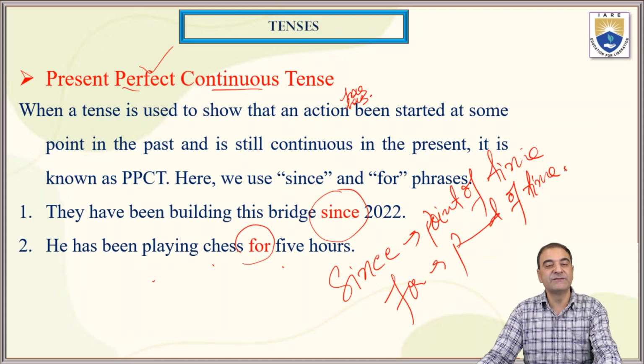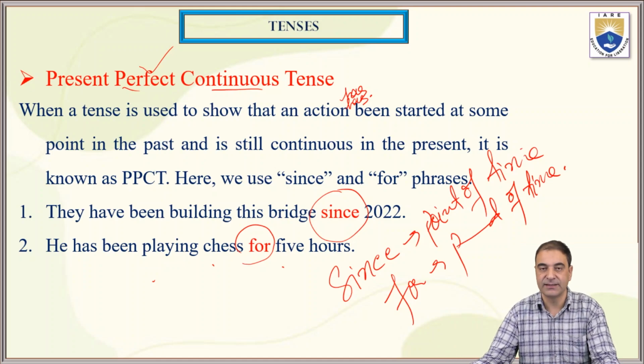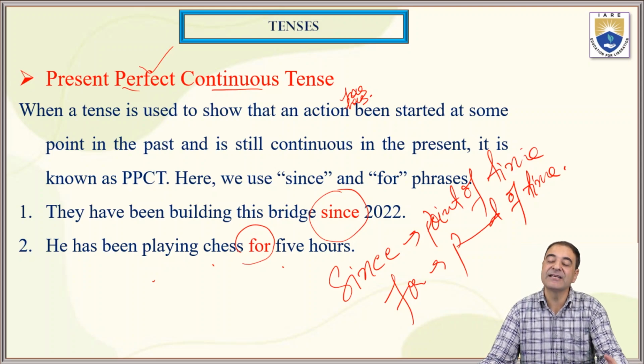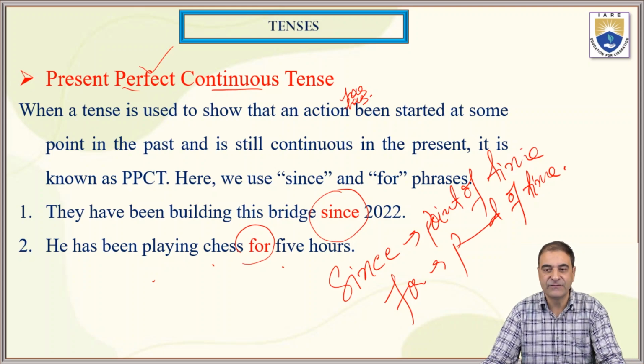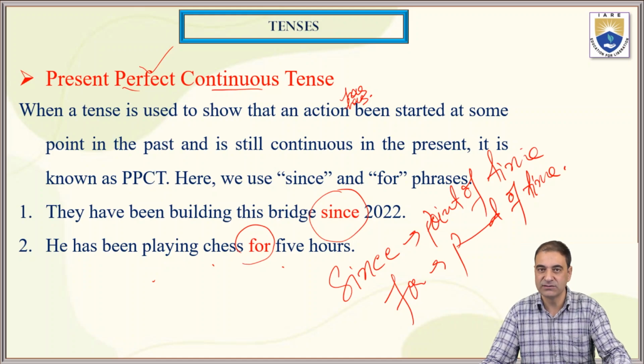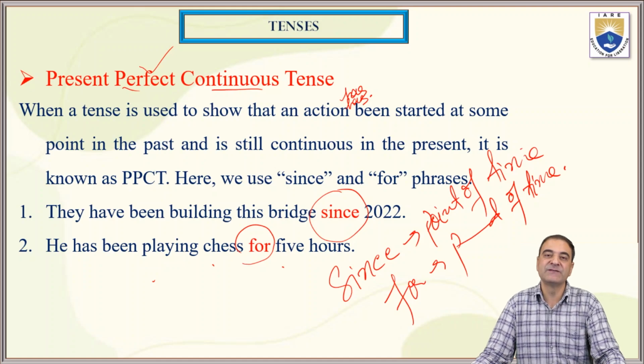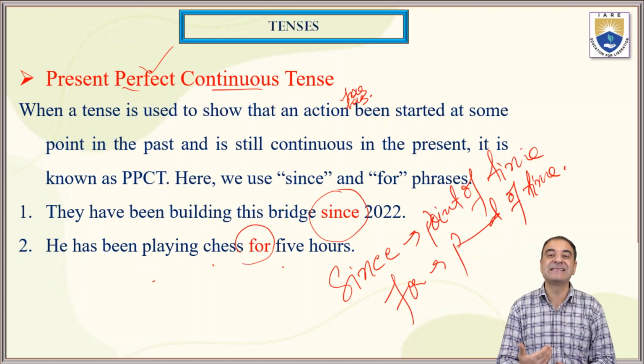When we say a point of time, it means the exact time, like 7 o'clock, 8 o'clock. Point of time means an exact day, like Sunday, Monday, Tuesday. Point of time means an exact month, like June, July. And a point of time is an exact year, for example 2013, 2014, etc. And when we show a period of time, it means not exact time.